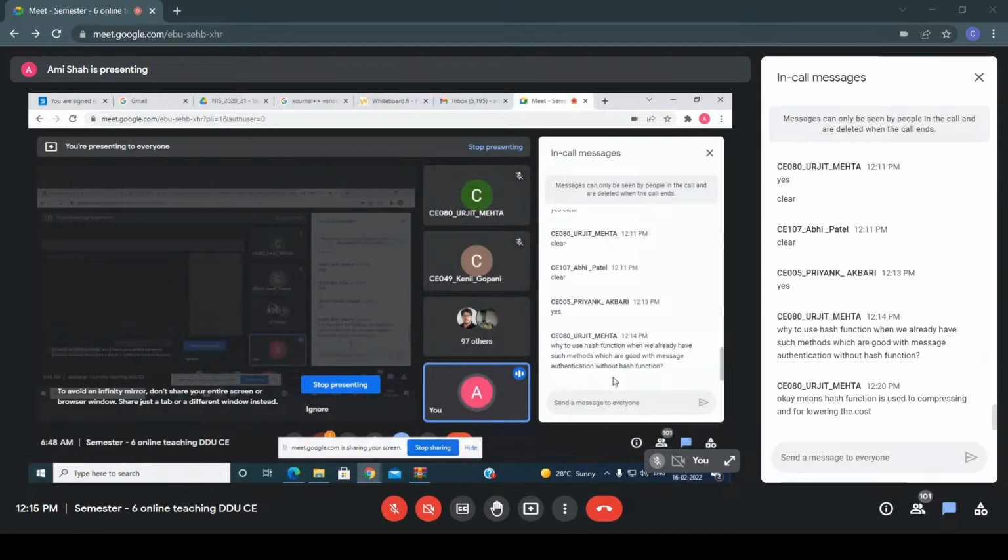That's why we use it. Yes, the hash function is used for compressing the message, for lowering the cost. Yes, Urjit, you are correct.